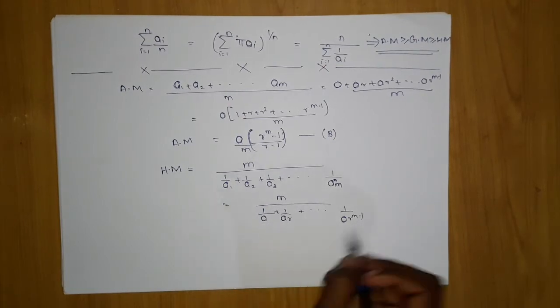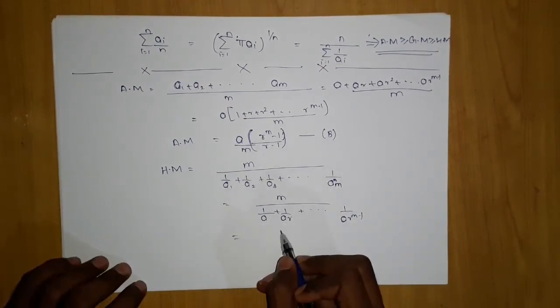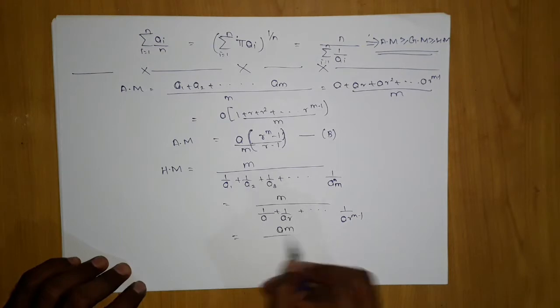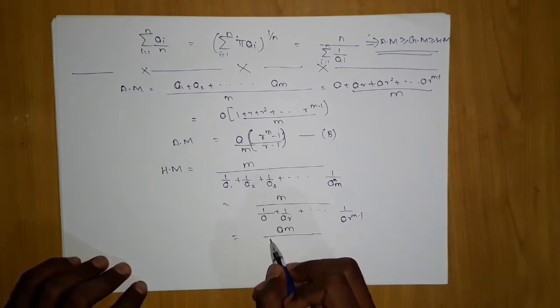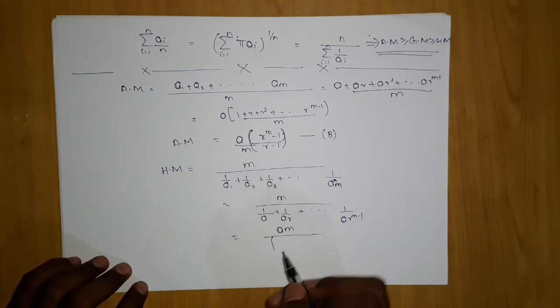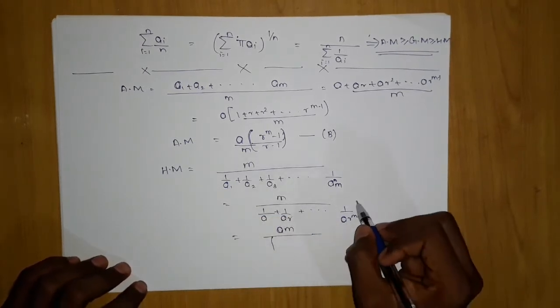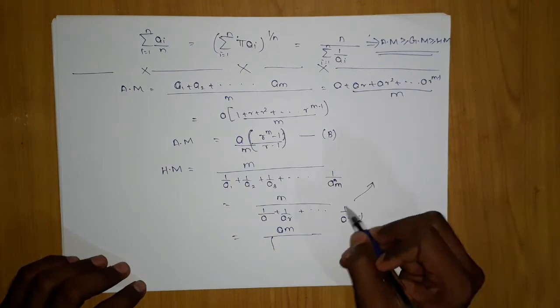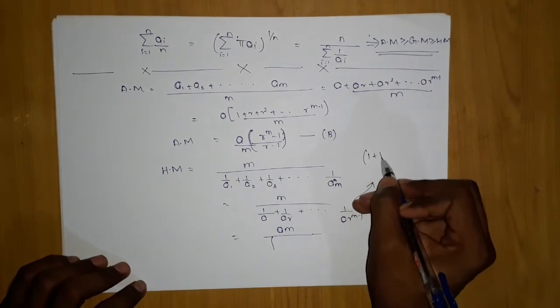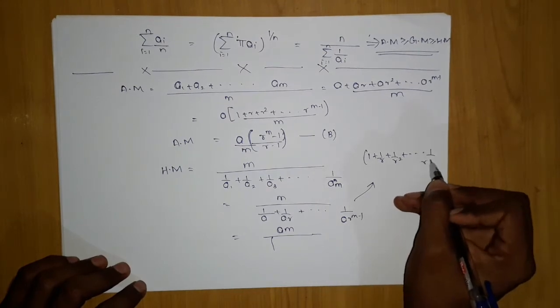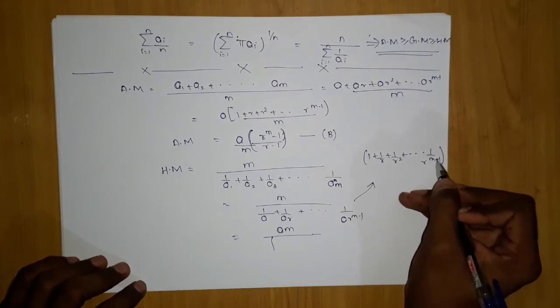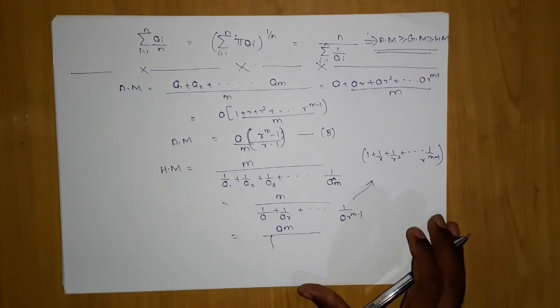So I will move the a that side, which will give me m upon a GP in 1 by r. Let me write the denominator: 1 plus 1 by r plus 1 by r square and so on till 1 by r power m minus 1. Don't you think it will be a GP in this format?